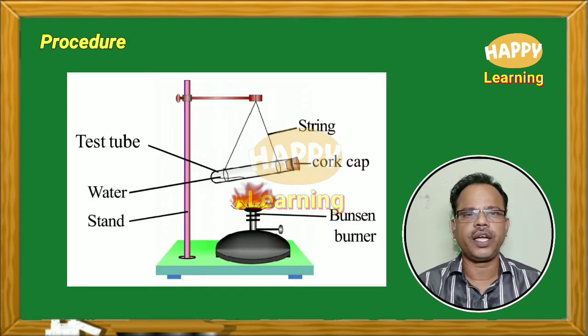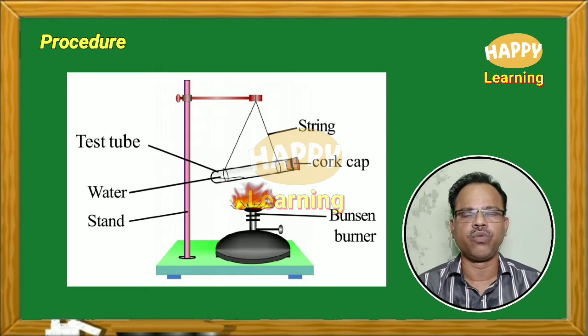Procedure: take a boiling test tube and put a small amount of water in it. Place a cork as a cap to the mouth of the test tube. Now suspend the test tube horizontally as shown in this diagram using 2 threads and a retort stand.